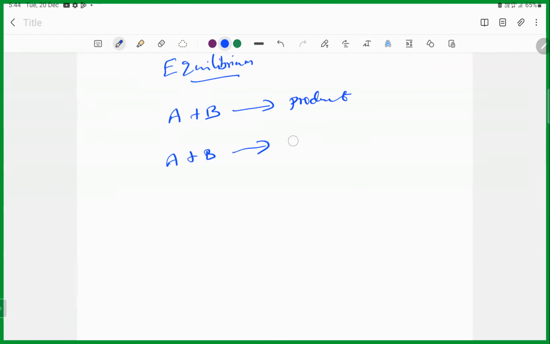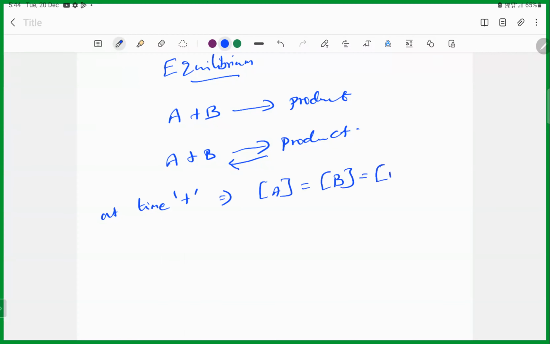The same product may undergo decomposition into A and B. So at a particular time T, the concentration of A equals the concentration of B equals the concentration of product. Then it is called equilibrium. Is it clear?